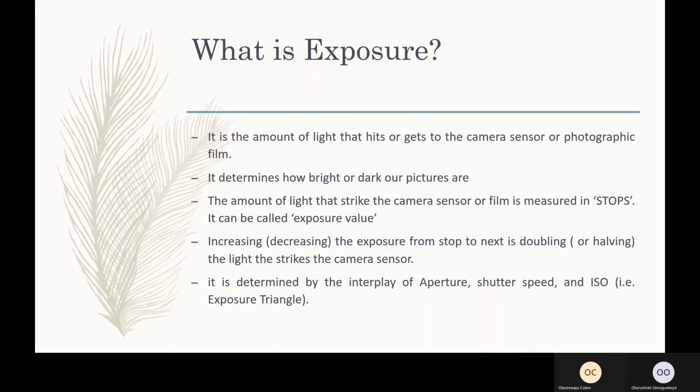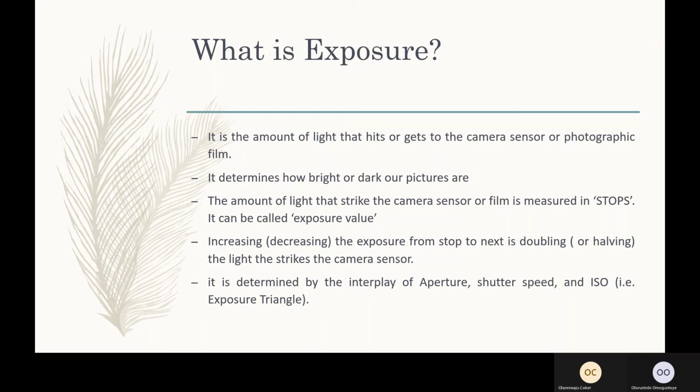Although our camera has given us the capability to do fractions of a stop. What I was saying is that it is determined by the interplay of aperture, shutter speed, and ISO. That means the light that hits our camera sensor is determined by three things: aperture, shutter speed, and ISO.